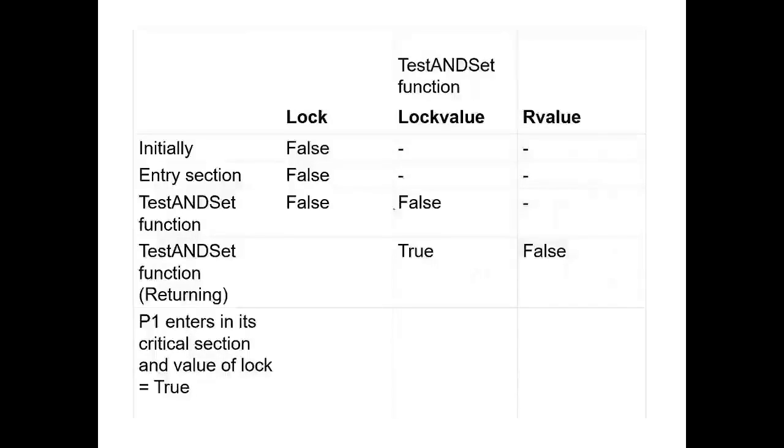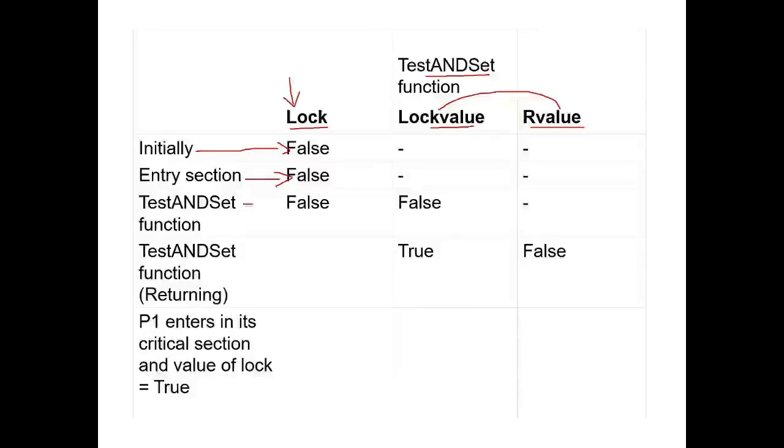So from this table, we can understand there are three variables: lock, lock value and R value. So this lock value is available in the entry section, and these both are available in the test and set function. Initially, at the beginning, the lock value is false only, and whenever it is in the entry section also, the lock value is false only.